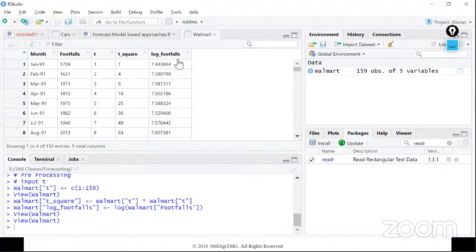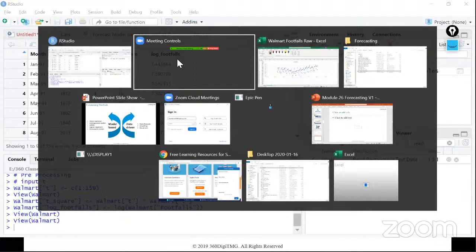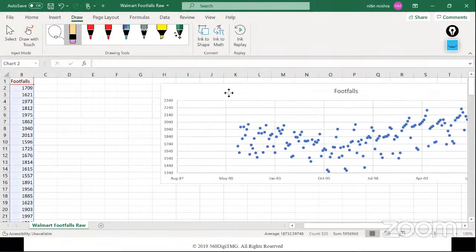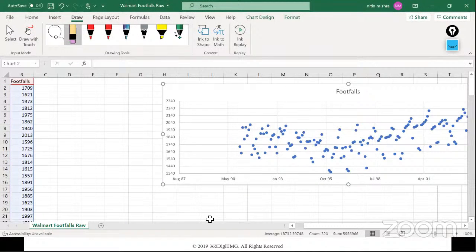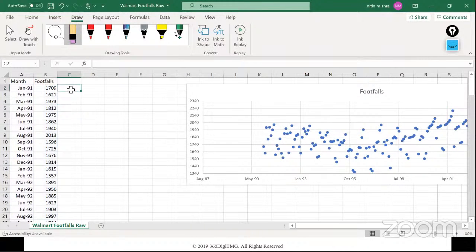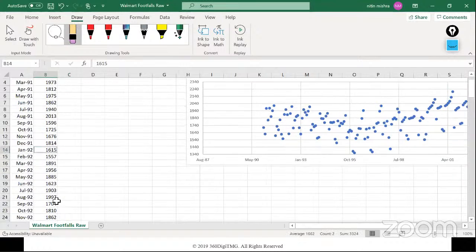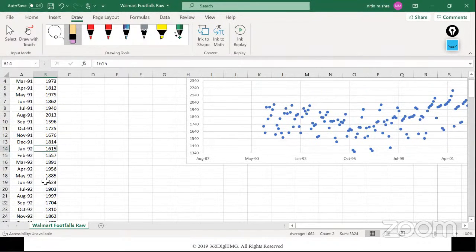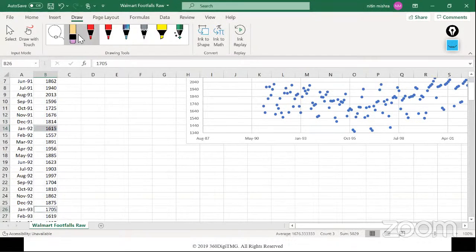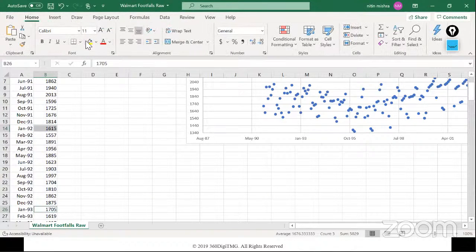Now coming back to the data here, I want to know if this 1709, this 1615 and this 1705 have some relationship.